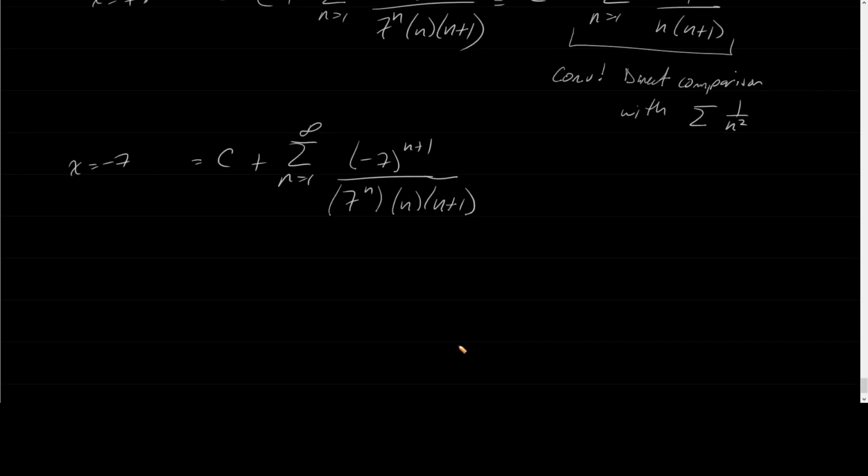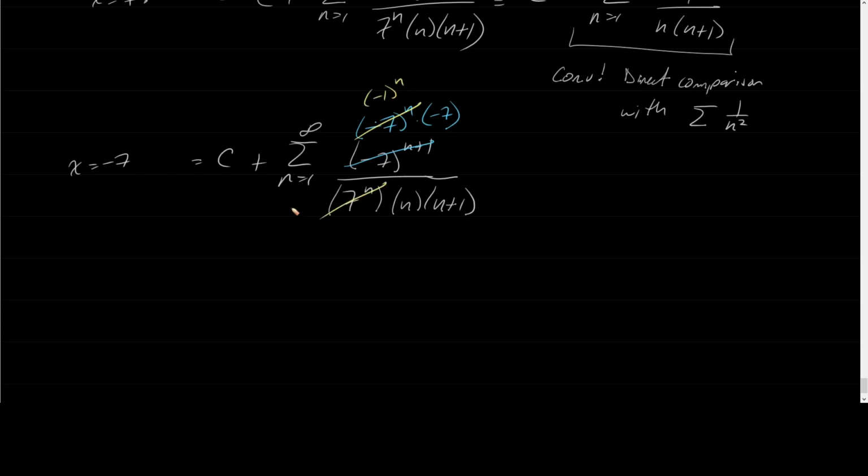At this point, -7 to the n plus 1, what does that become? Well, this is really saying -7 to the n times -7. And here, -7 to the n and 7 to the n just become -1 to the n.